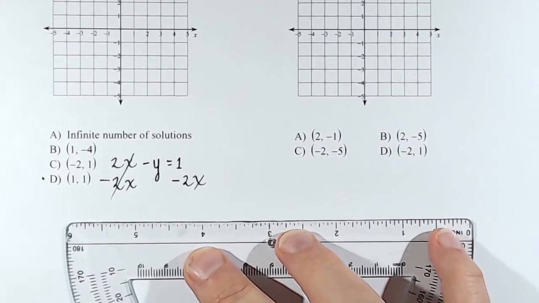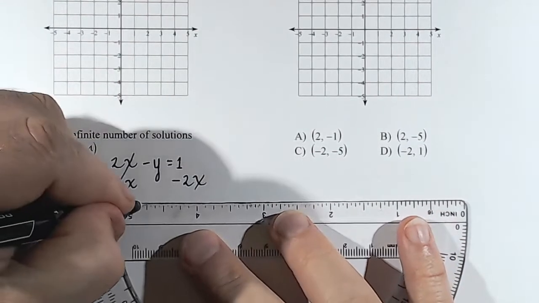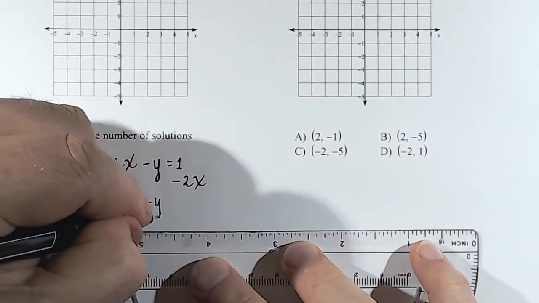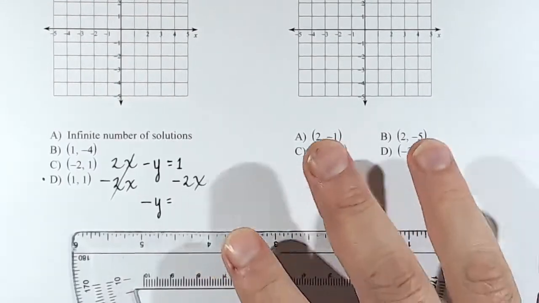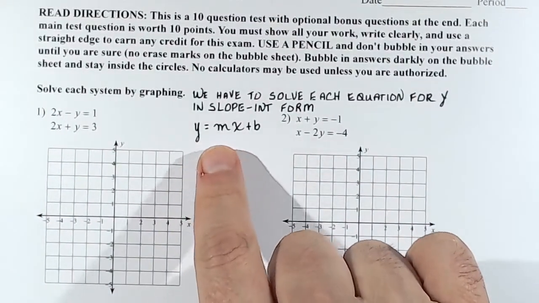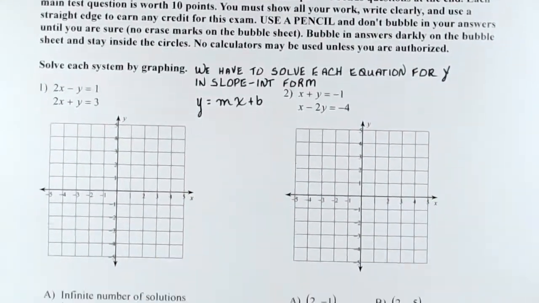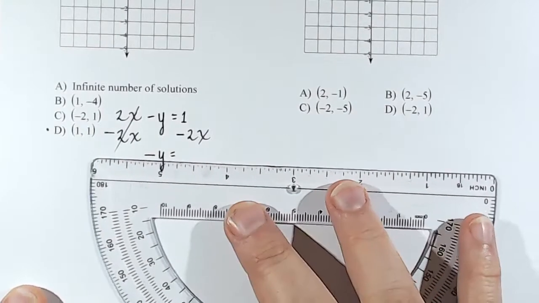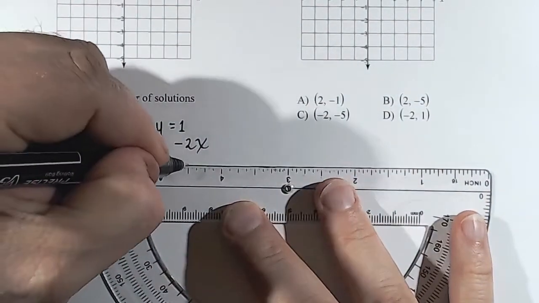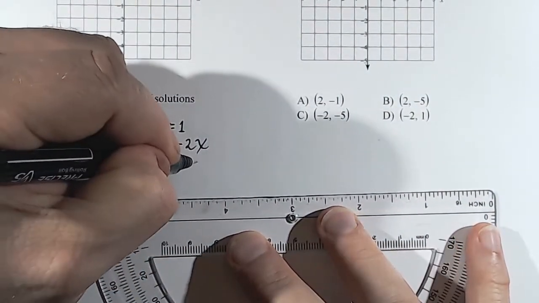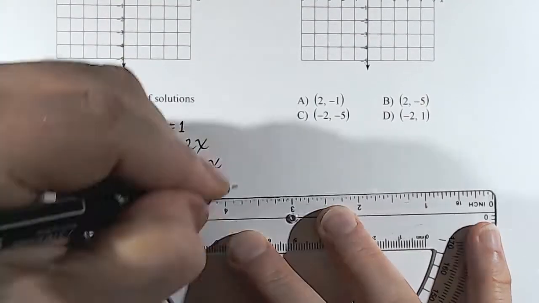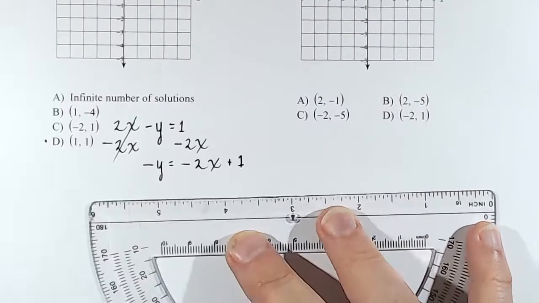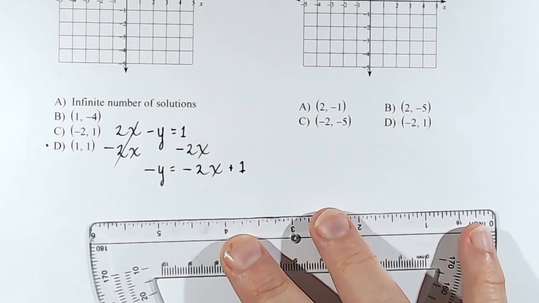Those 2x's cancel. And now I'm left with negative y equals, and remember we want it to look like this, y equals something x plus something, or minus something. So I want to put the x term up front, just like this.